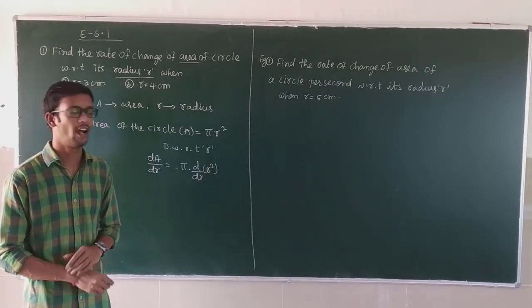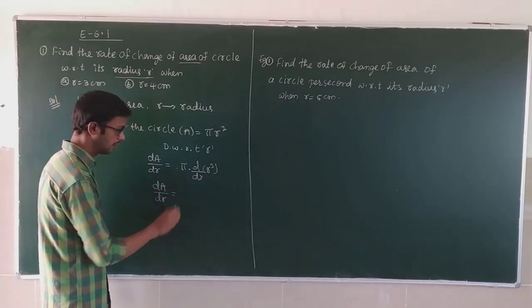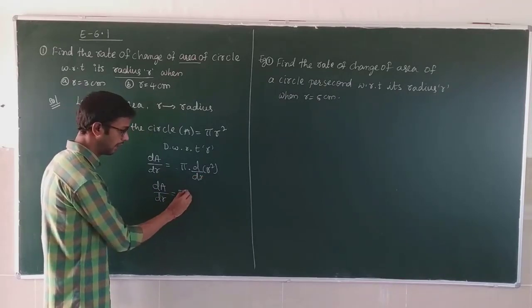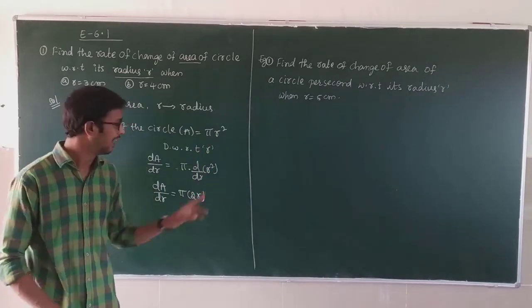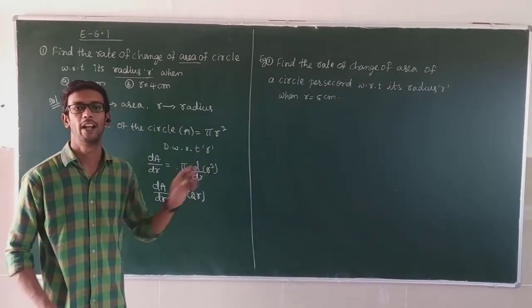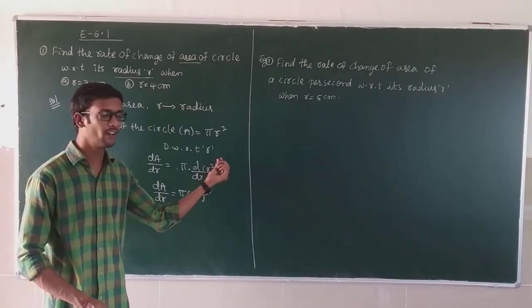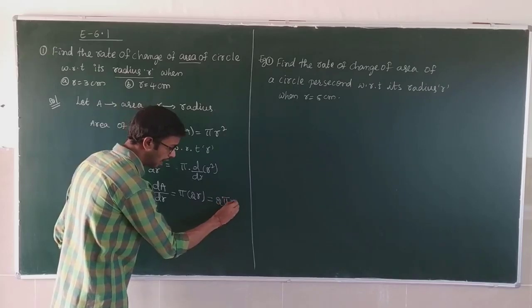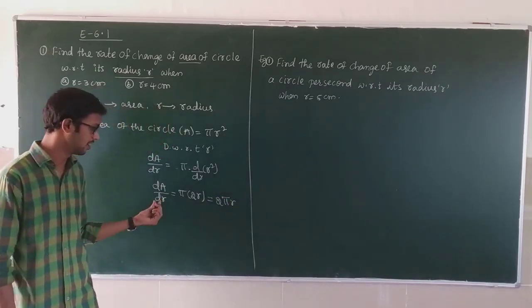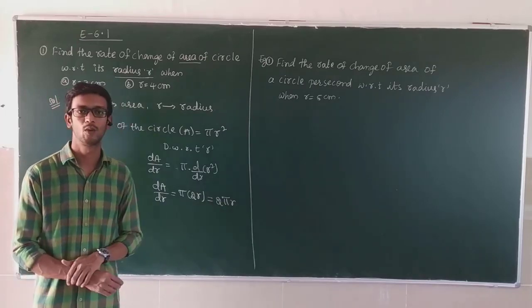Using the formula, the derivative of x power n is n into x power n minus 1. The derivative of x square is 2x, so the derivative of r square is 2r. That is equal to 2 pi r. The rate of change of area with respect to radius is 2 pi r.